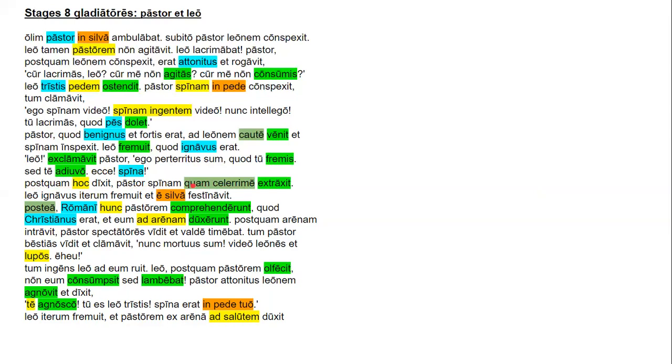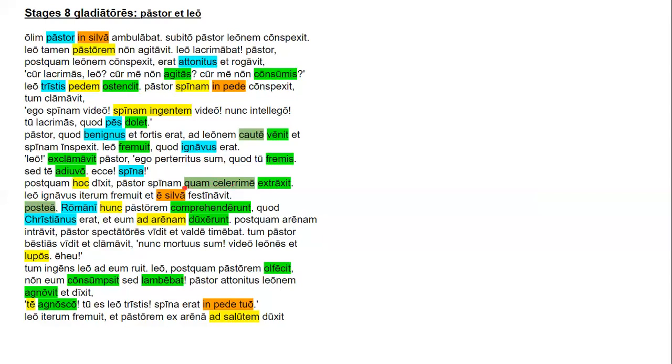Now, when we see quam, usually with a form like clarime, that long E, it's going to be a specific type of adverbial clause that means "as something as possible." So quam clarime means "as quickly as possible."